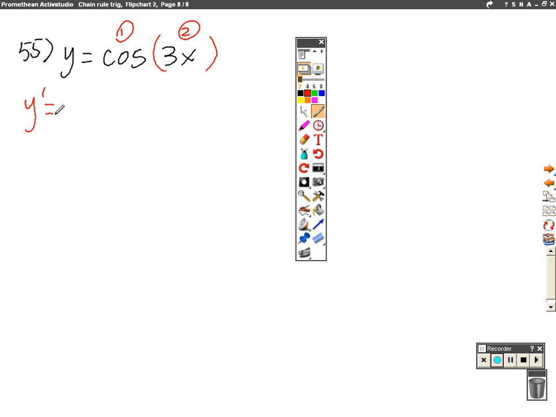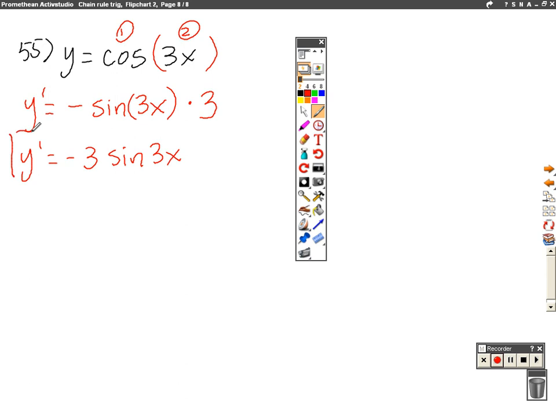When we find the derivative, we're going to take the derivative of the outside, and the derivative of cosine is negative sine of the angle, multiplied by the derivative of the inside, and the derivative of 3x is equal to 3. So we get negative 3 sine 3x, and that's our derivative.